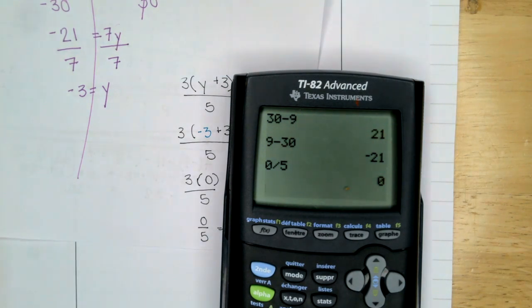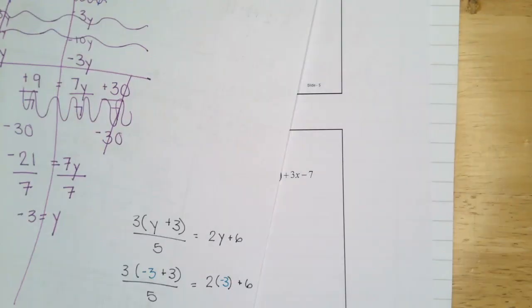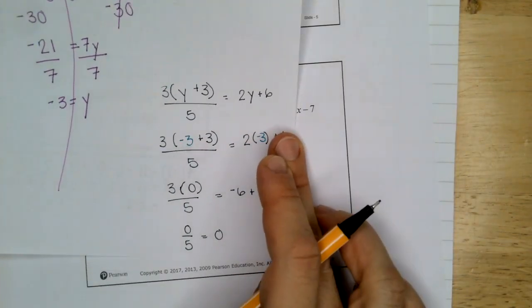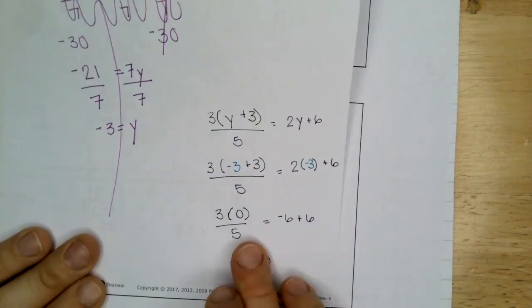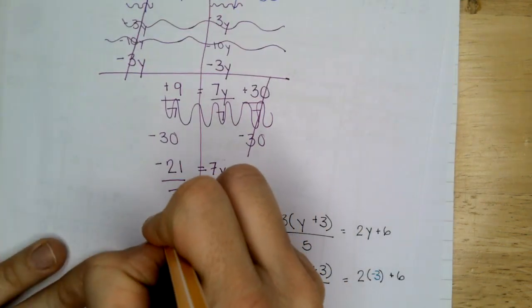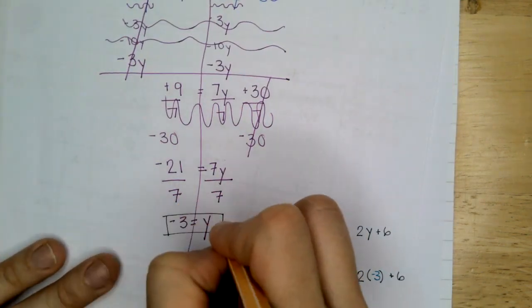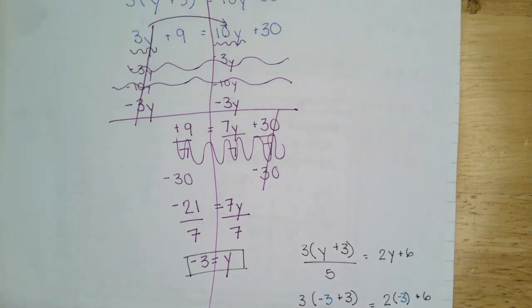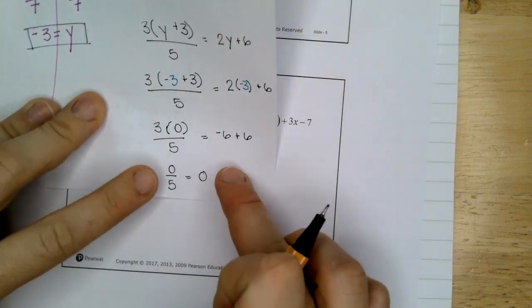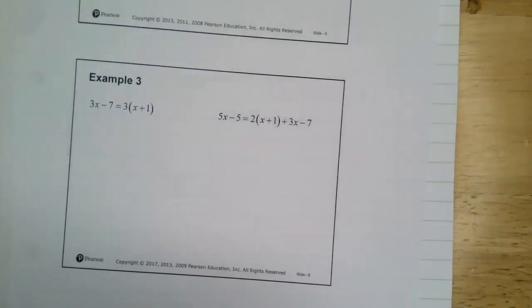Good? That doesn't mean there were infinite solutions. It just so happens that the final answer is 0. So there's only one answer, and it's that y is equal to negative 3. But we checked it. We got the same number on both sides, so it's okay.